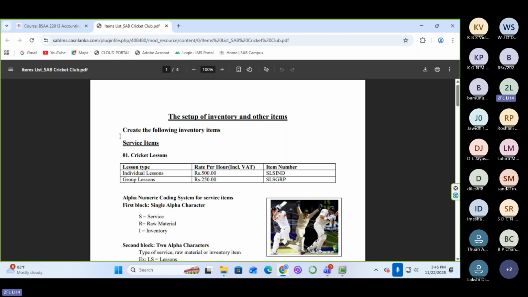As I told you, the first learning we are going to have is how to create the service item. Someone can argue service is not an item because you can't touch that. But in my view, if you offer anything for sale continuously, that becomes our product.